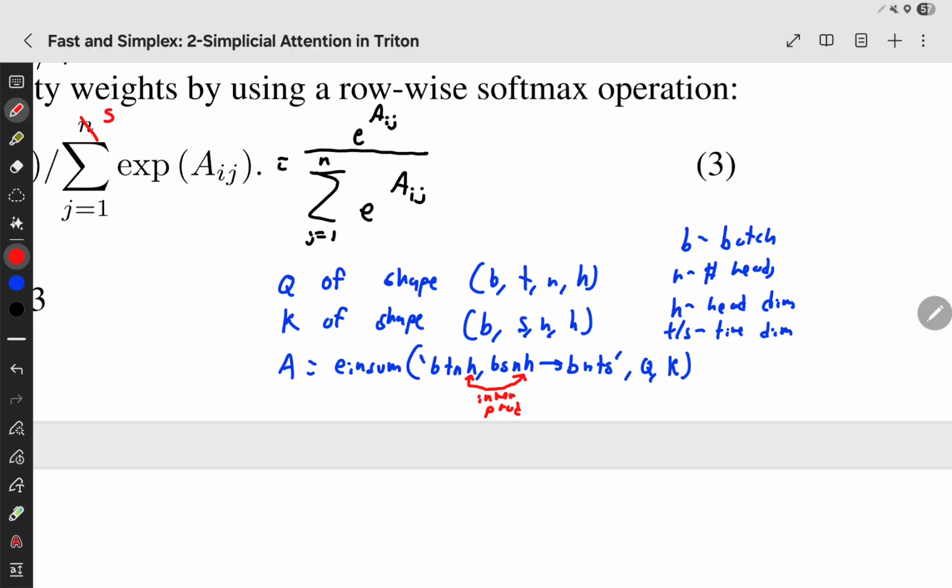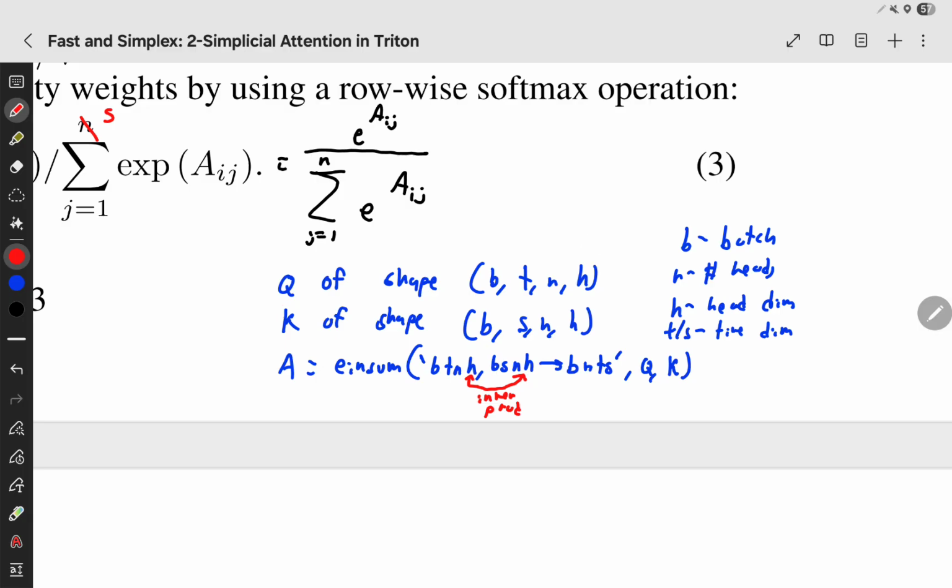I just want to mention it for people who are not familiar with it, because it's a lot easier if you define things in terms of einsum notation whenever you're doing higher order stuff. So for the einsum notation for QK transpose, we have Q of shape: this is our batch size, this is our time dimension, this is the number of heads, n, and h is the per head dimension.